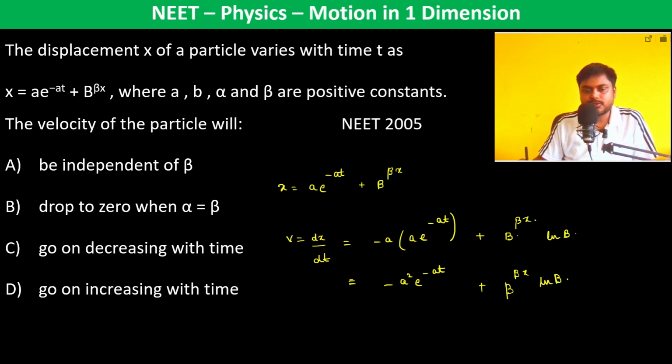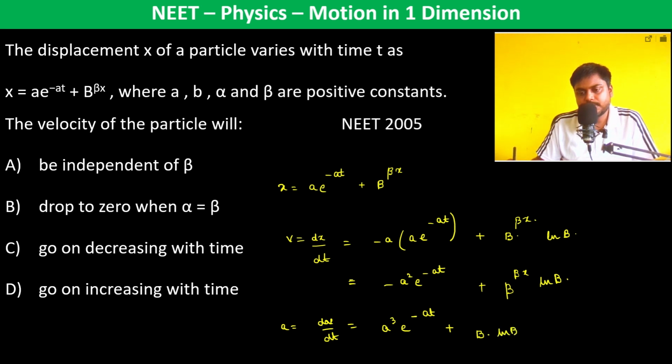So that is velocity. Now acceleration, if we have to find out, we do it dv by dt, which is a cube e to the power minus at plus b into ln b whole square, and this is beta x.